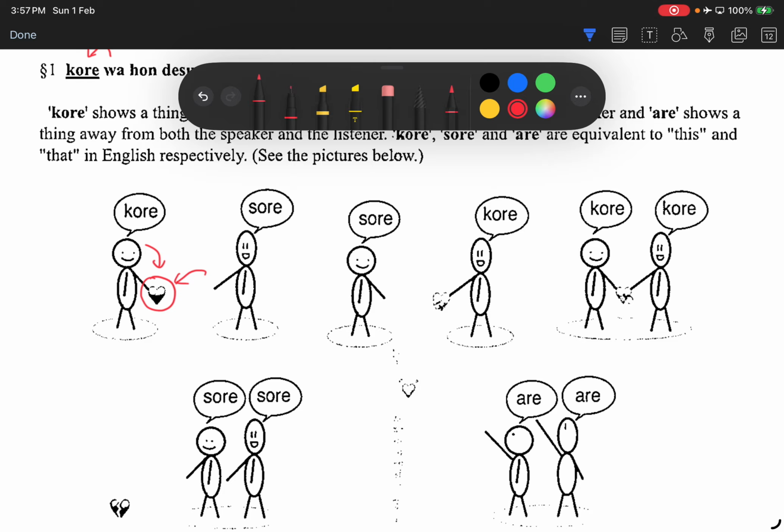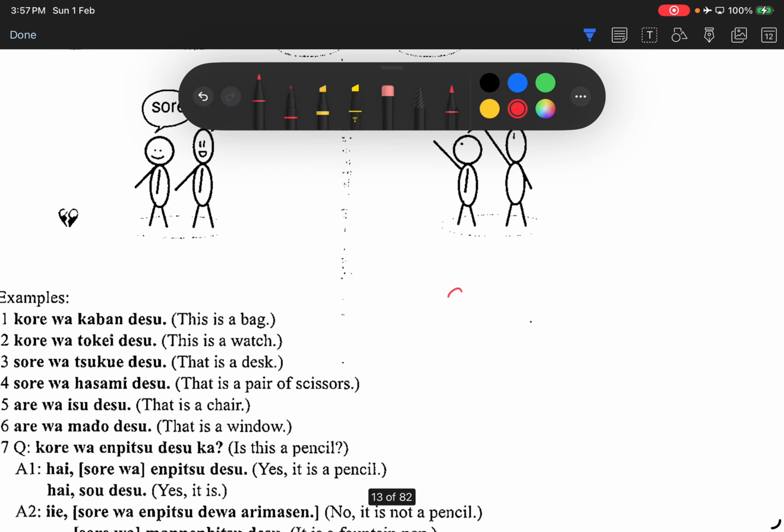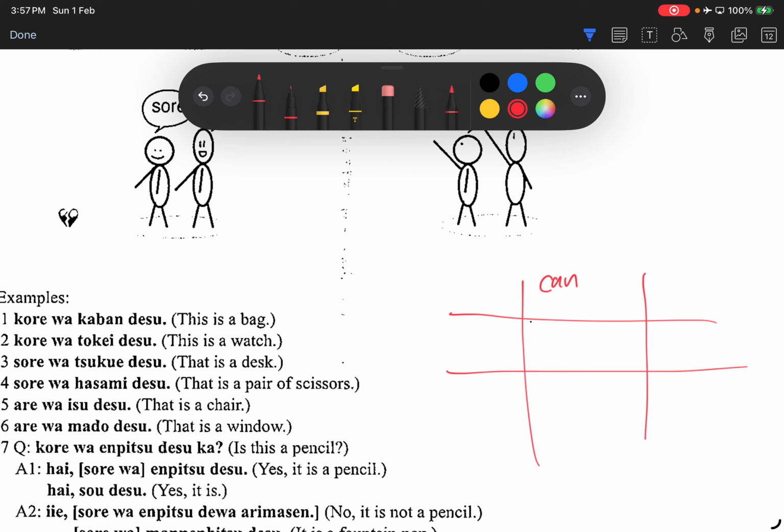But for me, my way of telling what is kore, sore, and are. Sore is that, 那个. Then are is also 那个, right? Also that. But the difference between the three, for me, I will do this subcategory lah. Kore is can see, can touch, from the speaker's point of view.